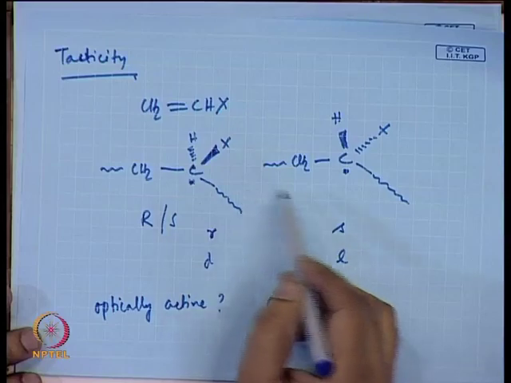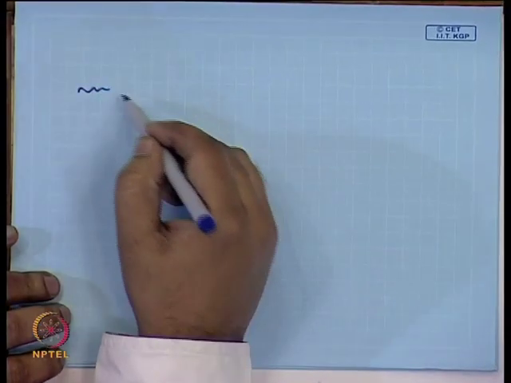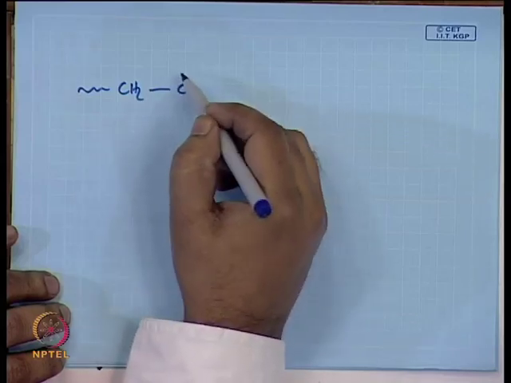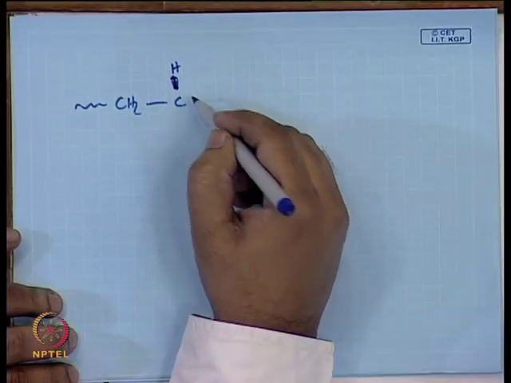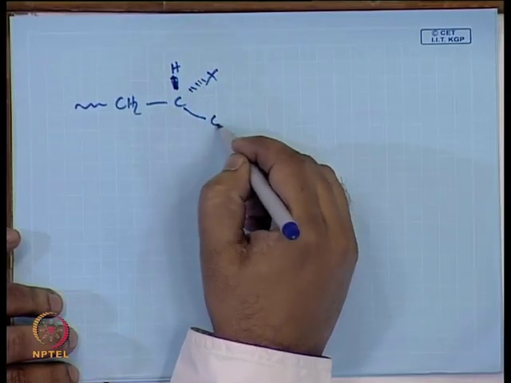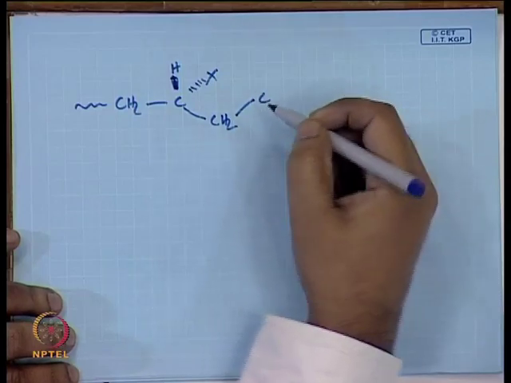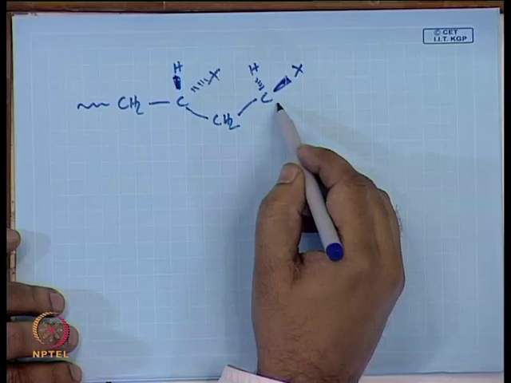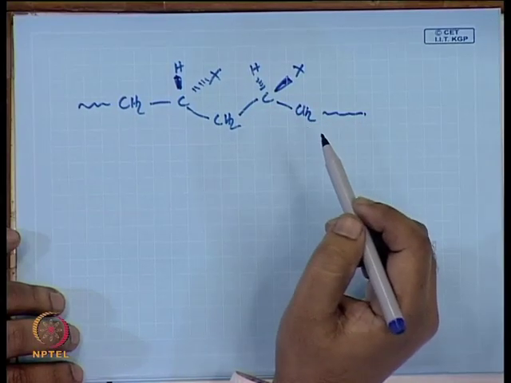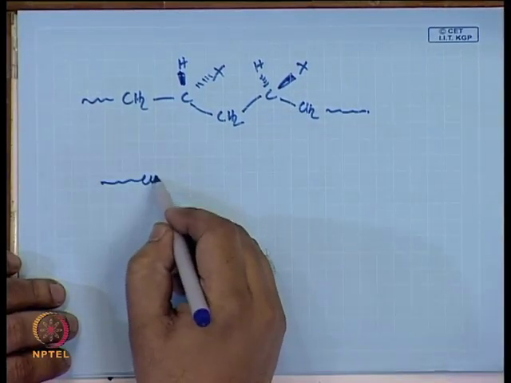So, what if you add the next monomer, what would be the arrangement now? It can have two types of arrangement.